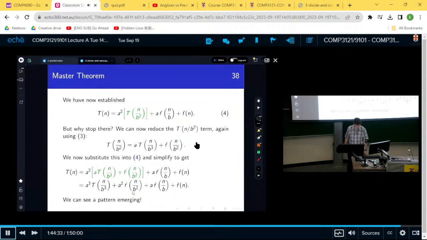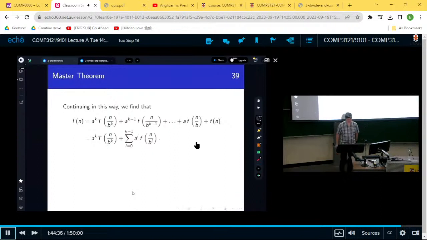If we keep going, doing this k minus 1 times, we'll get terms that look like a to the power i times f of n divided by b to the power i. And then we still have something that's undeveloped.